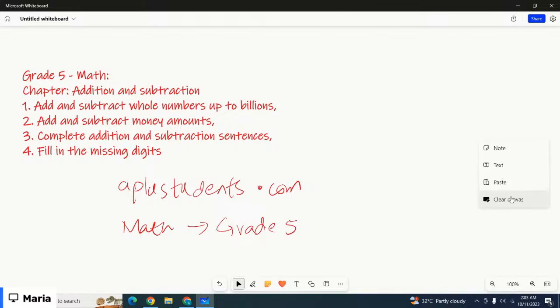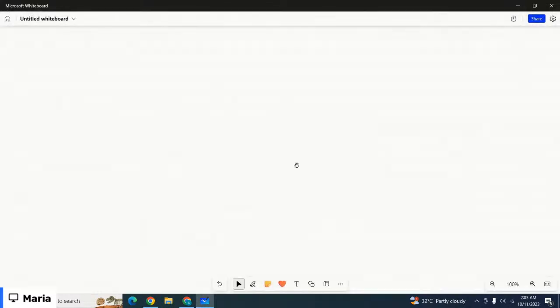Then we have subtraction. Subtraction means taking away a specific number from another one, right? You can note down the definitions, but you already know them.